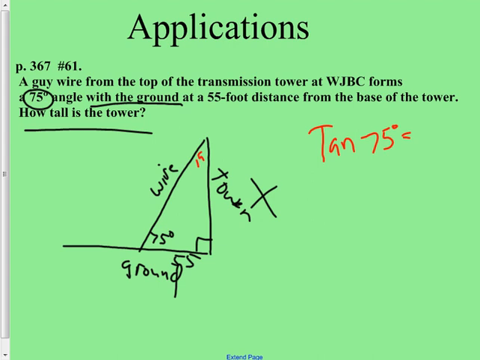All right, tangent of 75. Tangent is TOA, opposite over adjacent. Opposite, adjacent, x over 55. So if I find tangent of 75 times it by 55, I'll have my answer. And Mr. BC in the back.